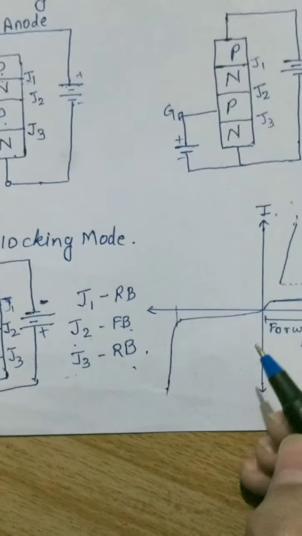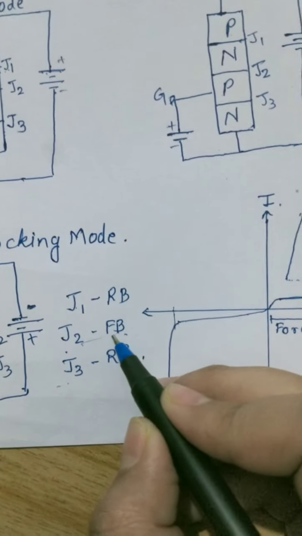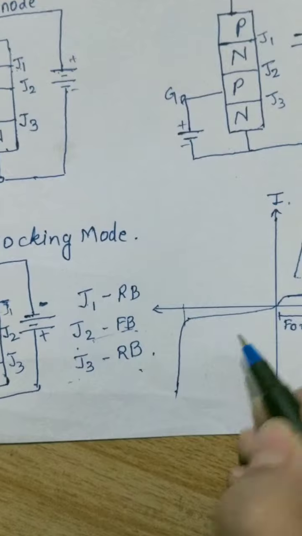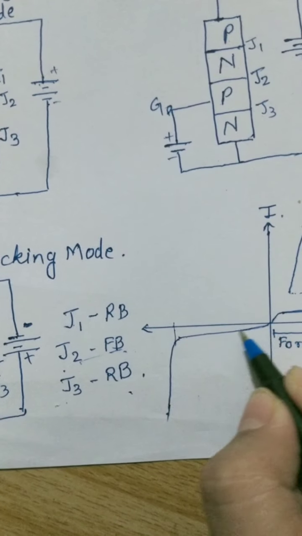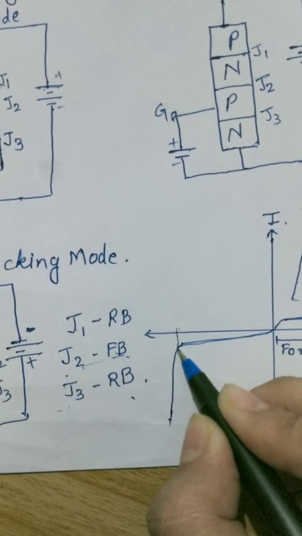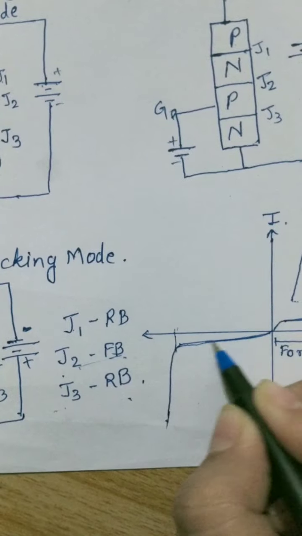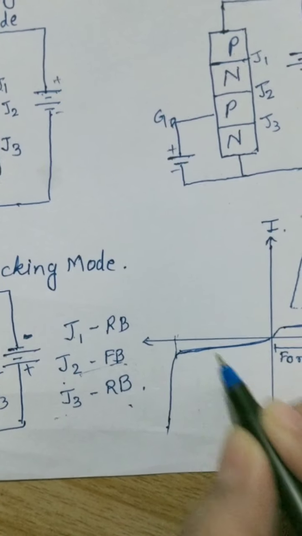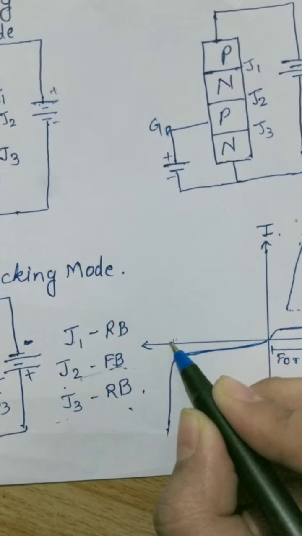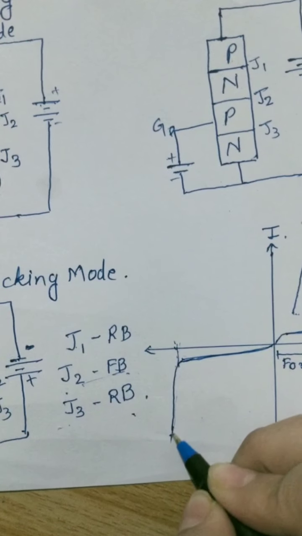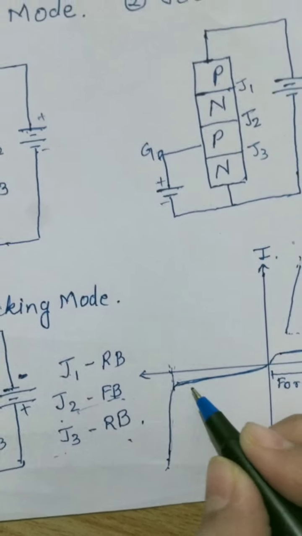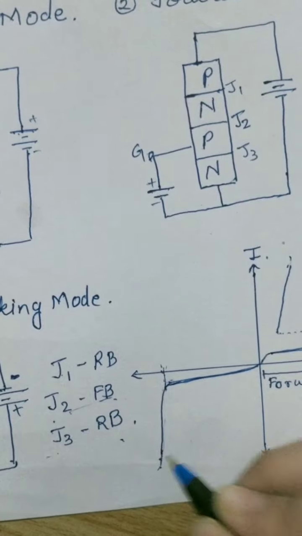And due to this, the junction goes under avalanche breakdown. That's why some reverse current will flow through the SCR, and at this point there is the avalanche breakdown, and after the avalanche breakdown the reverse current will flow in the SCR.